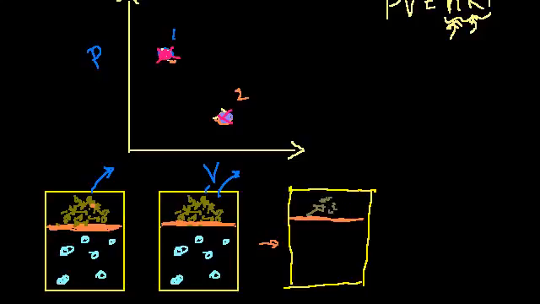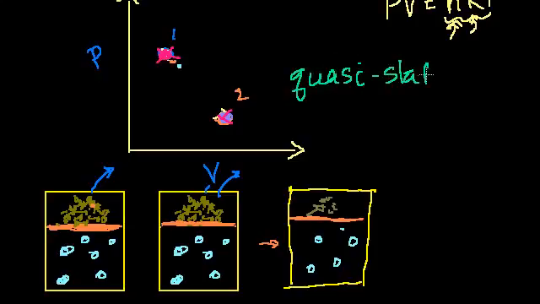My volume of gas increases a little bit, my pressure goes down a little bit, and now I've moved to this point here. What I'm doing here is setting up what's called a quasi-static process. And the reason it's called that is because it's almost static.